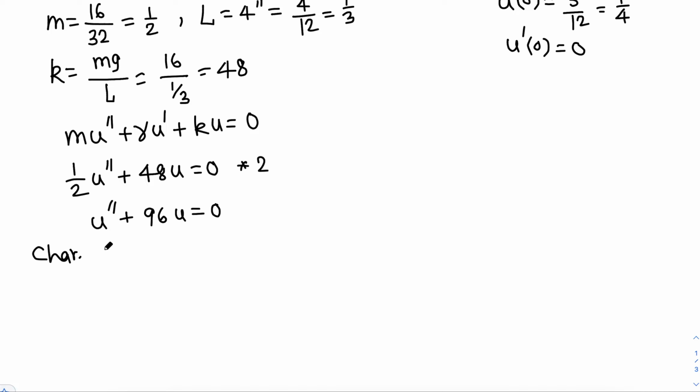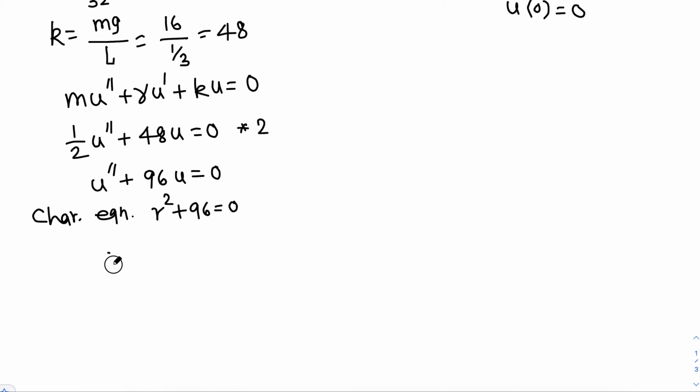Then we can write down the characteristic equation, which is r squared plus 96 equals 0. So r equals plus or minus the square root of negative 96, and we got 2 roots because of that. So 96 is 16 times 6.